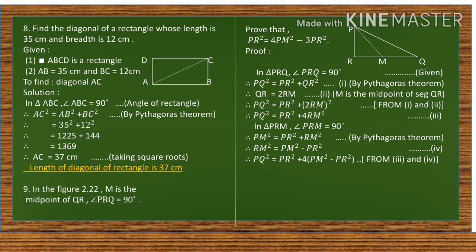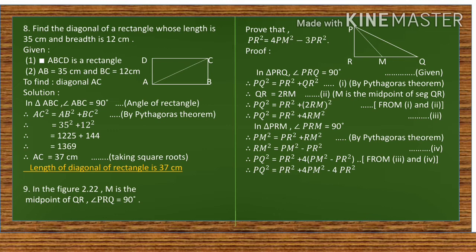Here, we can substitute the value of RM square in equation number 3. Therefore, PQ square is equal to PR square plus 4 in bracket PM square minus PR square. Therefore, PQ square is equal to PR square plus, multiplying by 4, 4PM square minus 4PR square.